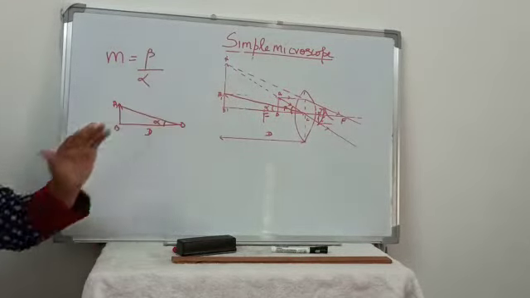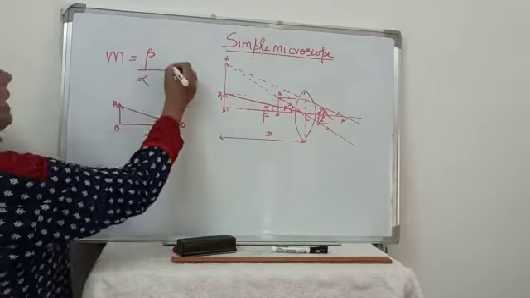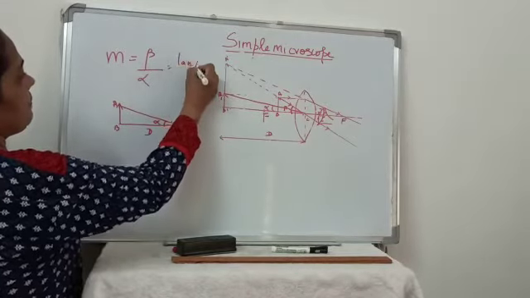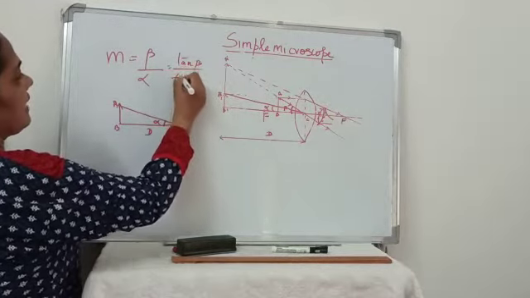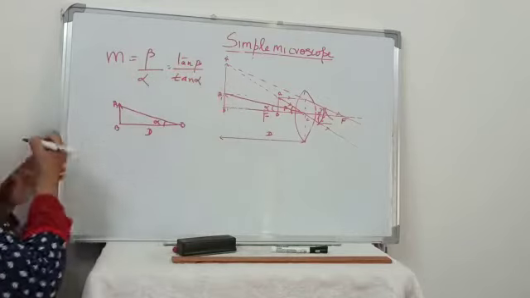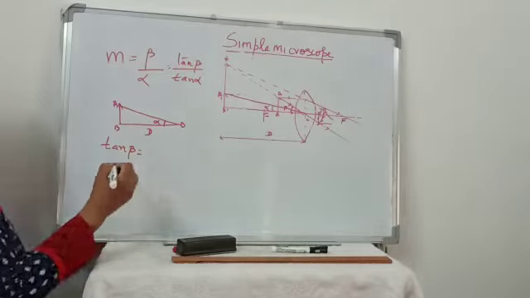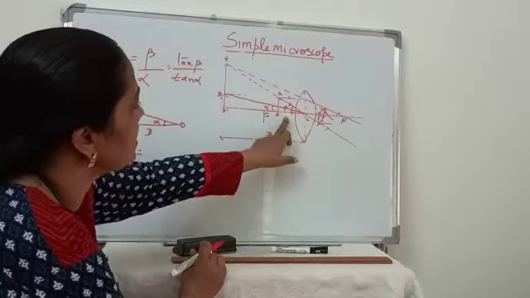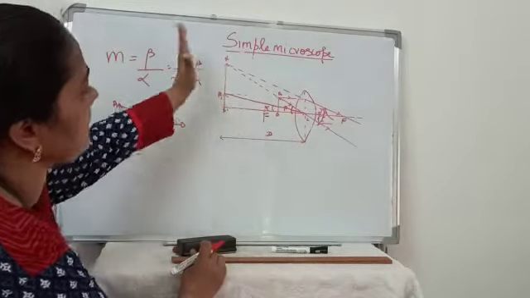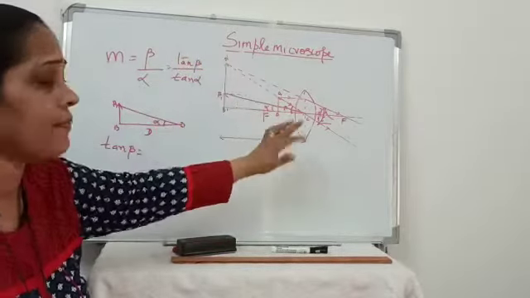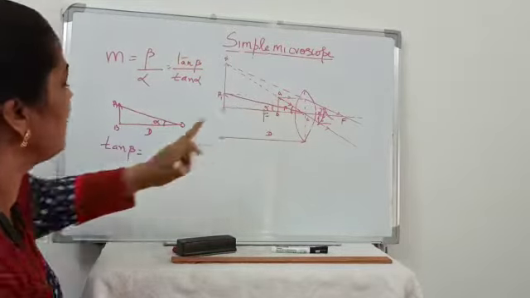Let us calculate beta and alpha. Since the angle is small, tan beta is approximated to beta and tan alpha is approximated to alpha. From the figure, tan beta, this is also tan beta, like that any number of triangles you take, it is the same. So let us take this beta.